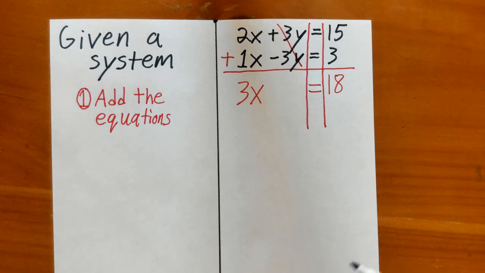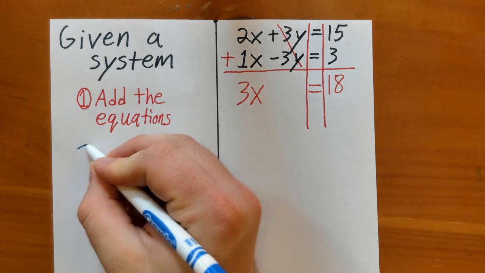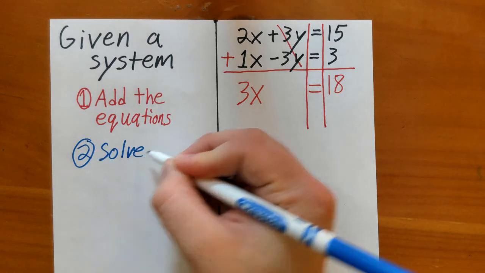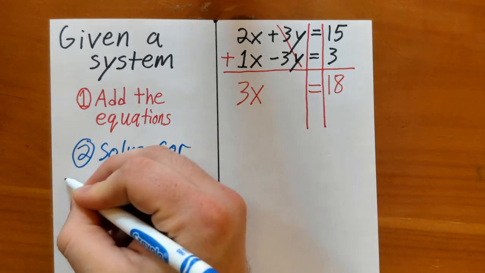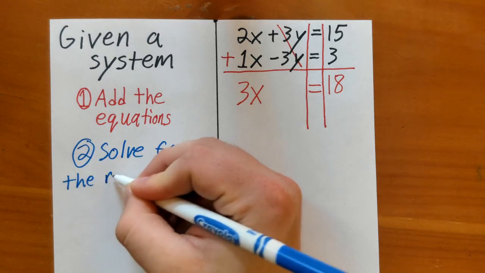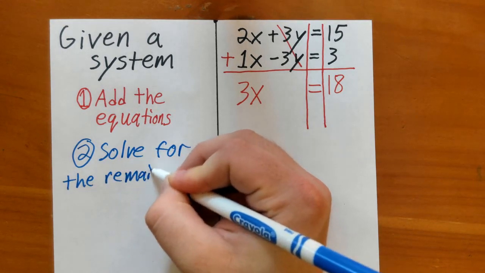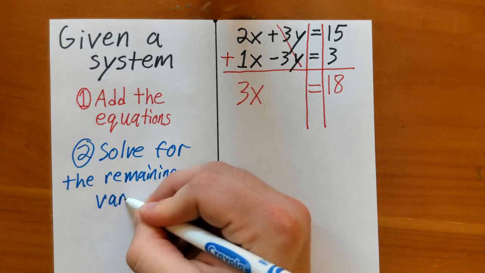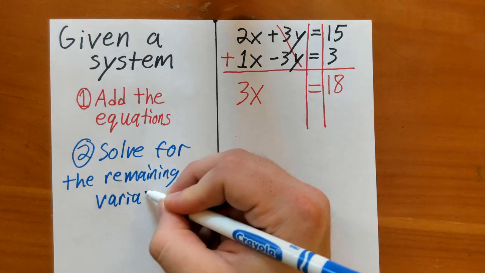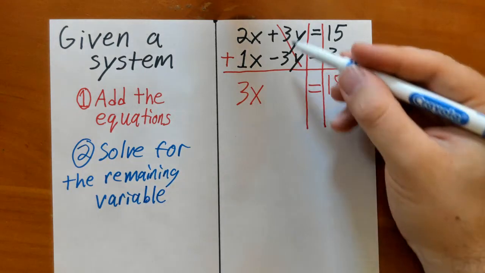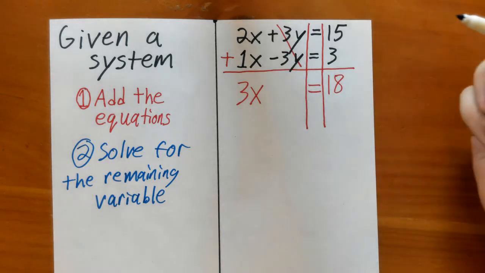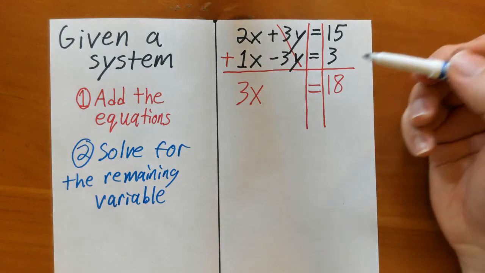So step 2 is going to be to solve for the remaining variable. In this case, we have the x all by itself, and the y's have canceled. You could see a problem where the x's cancel, and you'd have to solve for y.